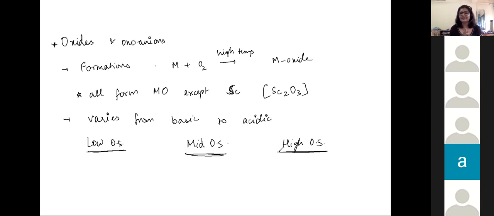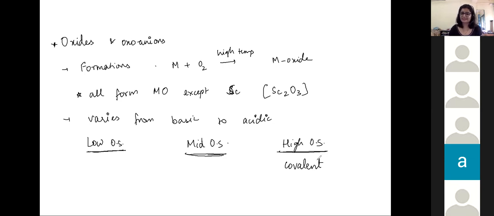Good, now you guys are going in the right direction. It is definitely related to Fajan's rules. High oxidation state would mean more covalent character. Absolutely, Jasmine has also mentioned.